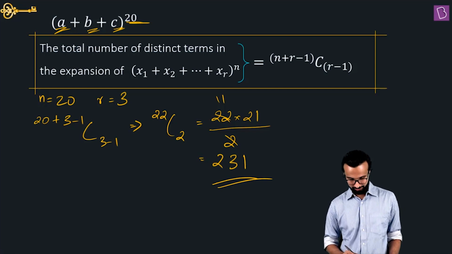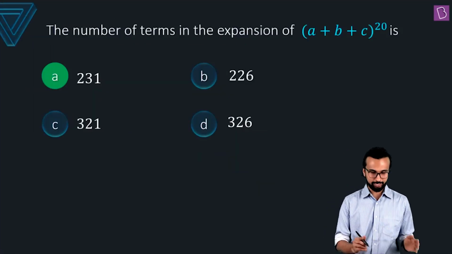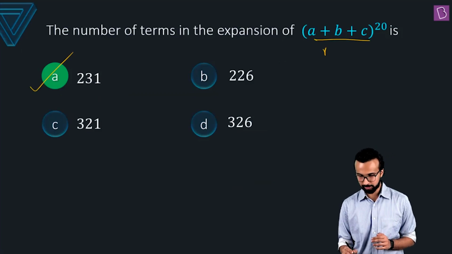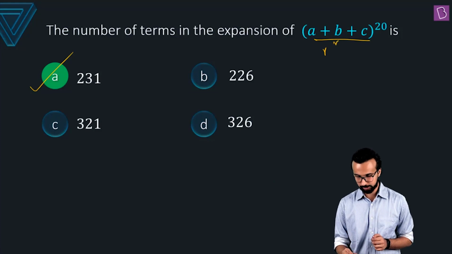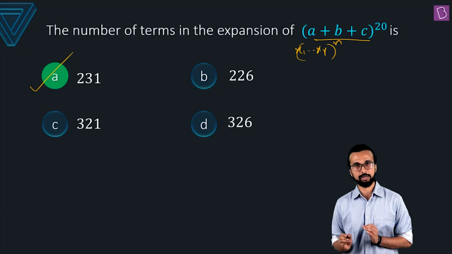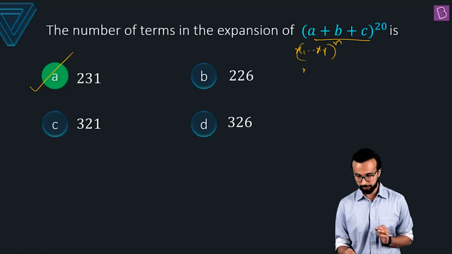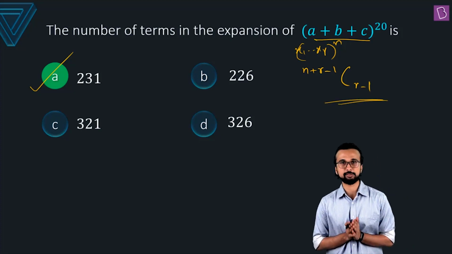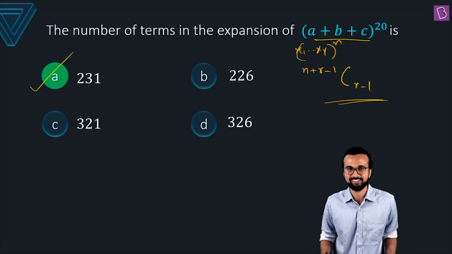Got that? Alright, so this leads us to option A, 231. So remember what we did. If you have r terms raised to some power n, the number of terms in the expansion will be (n + r - 1)C(r - 1). Alright, got that?